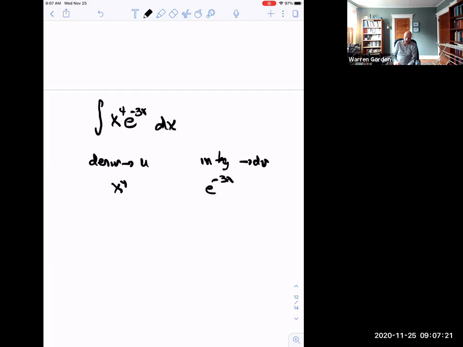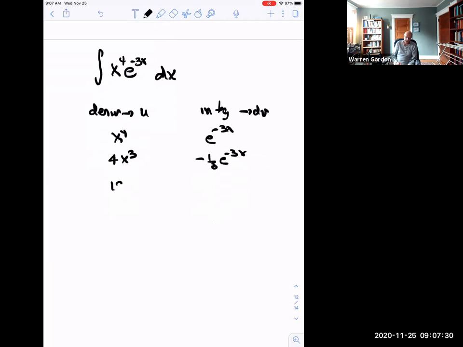The first differentiation gives me 4x cubed. The first integration gives me minus 1/3 e to the minus 3x. The next one will give me 12x squared. This would give me 1/9 e to the minus 3x. Remember, every time I integrate, I bring down the factor. This gives me 24x. This gives me minus 1 over 27 e to the minus 3x.